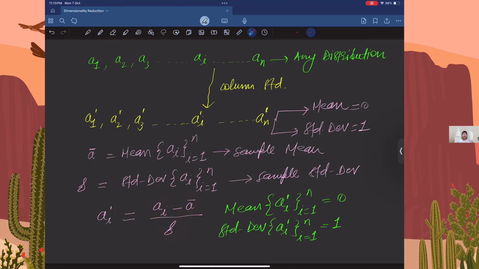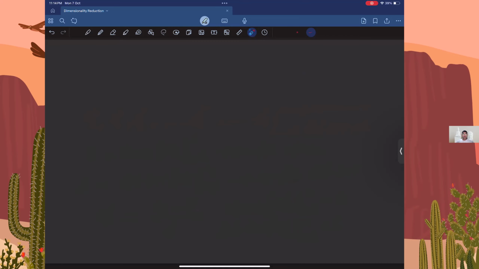If you recall when we learned about standard normal variate, I have already explained this. So let's see what we learned during standard normal variate. If you remember, the formula is A_i dash is equal to A_i minus A bar by small s.